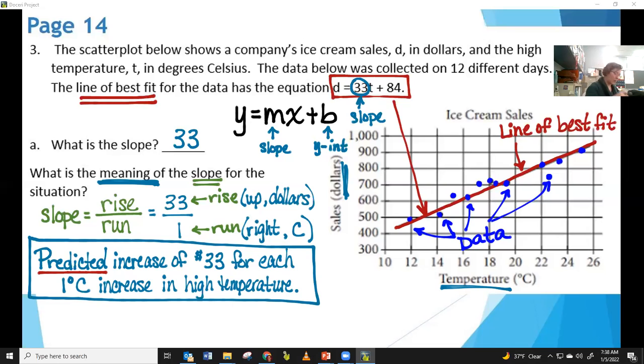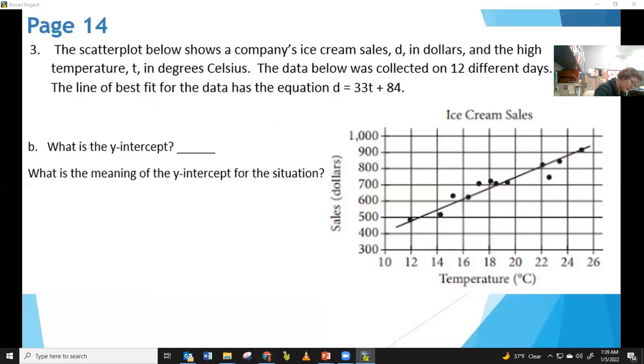All right, I want to take this idea right here. We talked about slope. I want to answer a couple more questions about this exact same scatter plot. So let me recopy some of what I've got here because I like it. Okay, coming over here now.